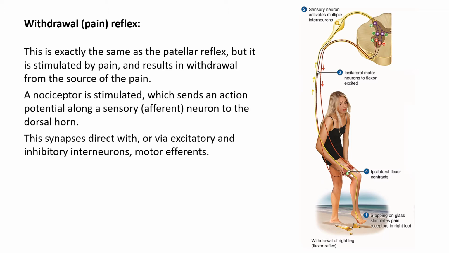This afferent neuron synapses directly with or via an interneuron, which may be excitatory or inhibitory, but ultimately it synapses with motor efferents, either directly or via interneurons. Again, no passage up to the brain, no passage down from the brain.